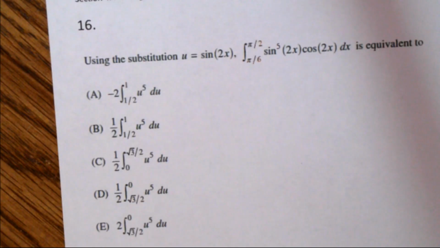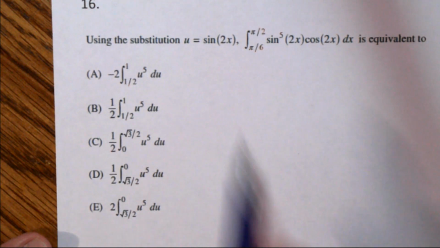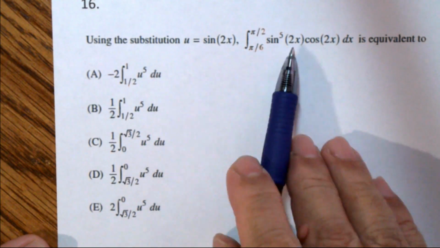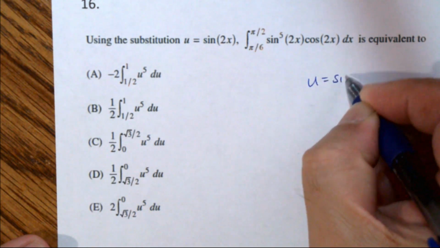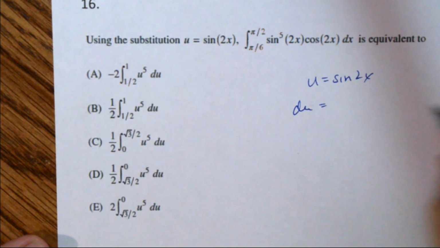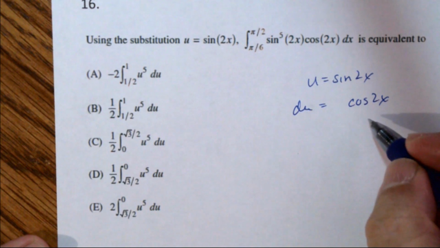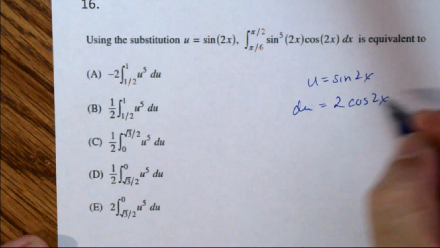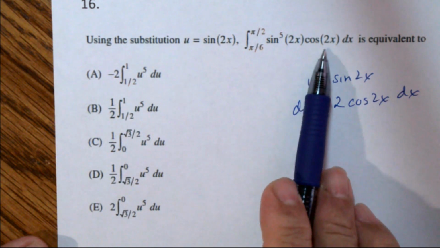And the last example, and they give you the u substitution this time, right? U equals sine 2x. So let's do that substitution. So du, what's the derivative of sine? It's cosine. So it's cosine 2x, but with the chain rule, you gotta multiply by 2. All right, so that means this is missing a 2.